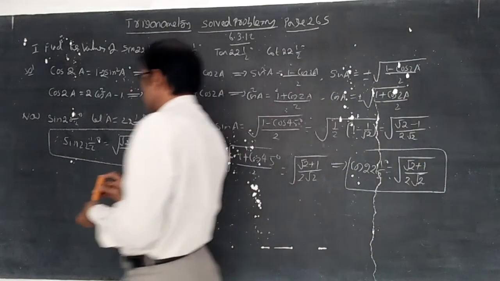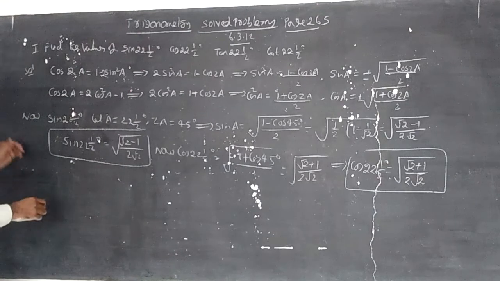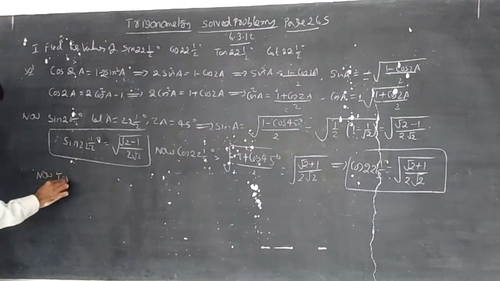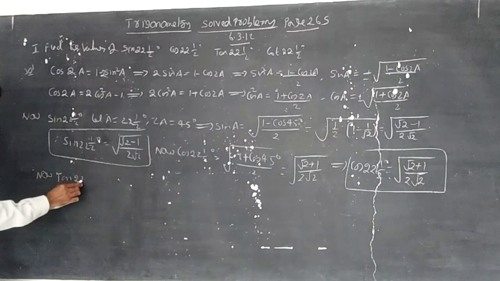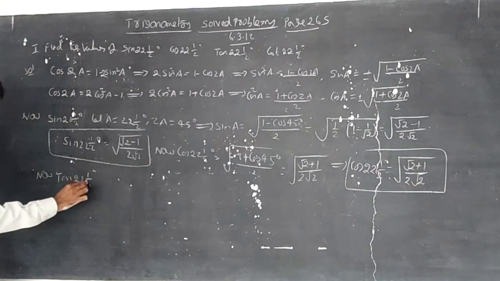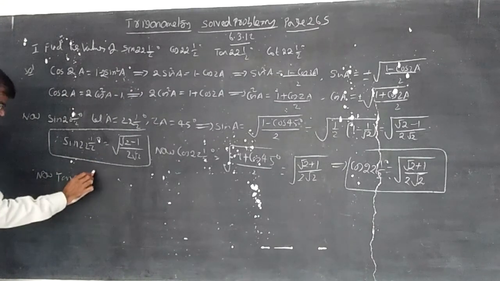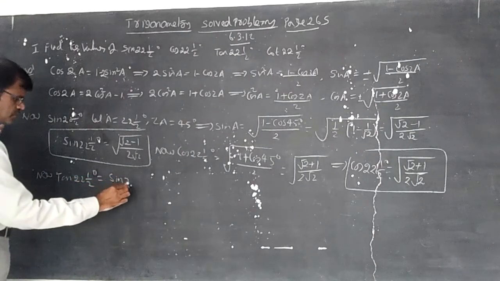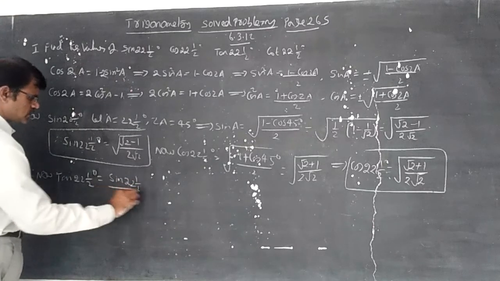Keep aside. Next one. Now tan 22 and half. We know that tan theta is equal to sin theta by cos theta.